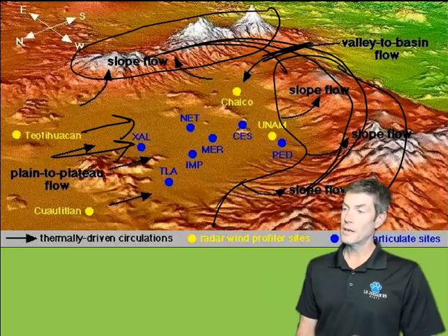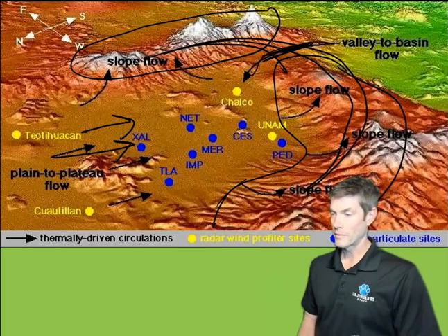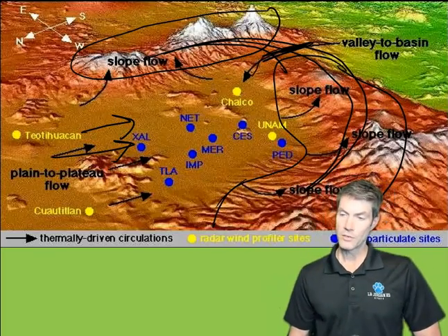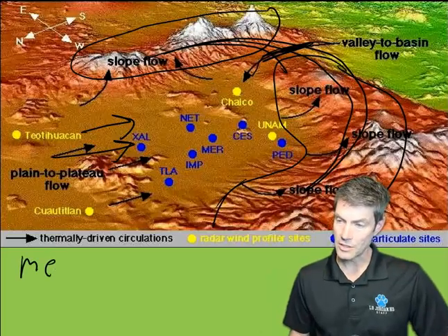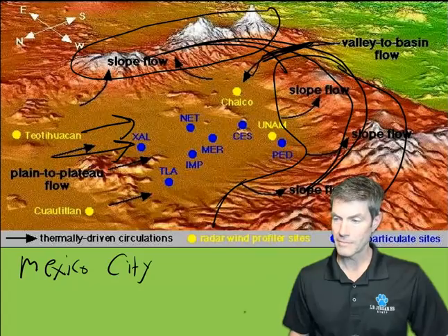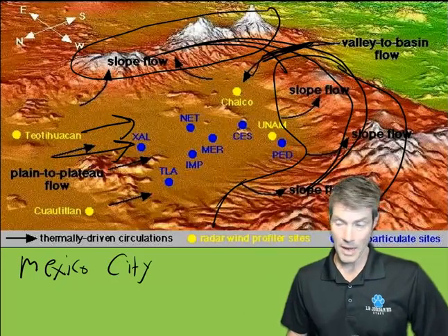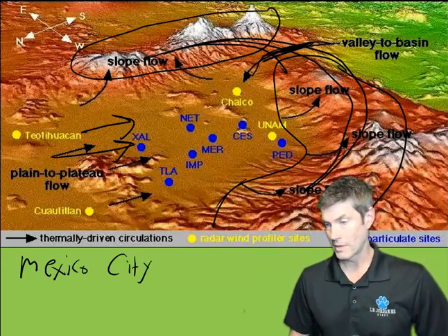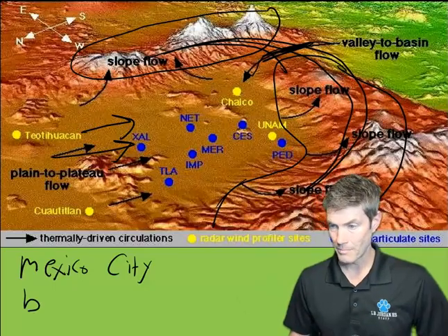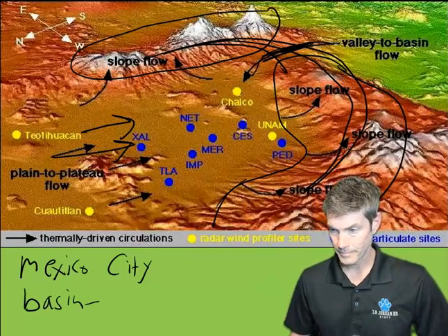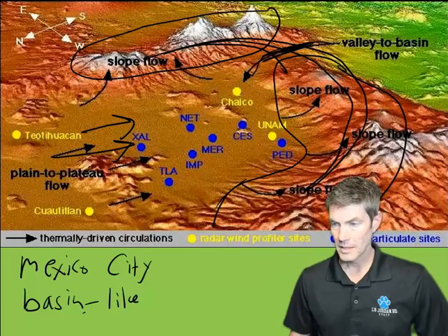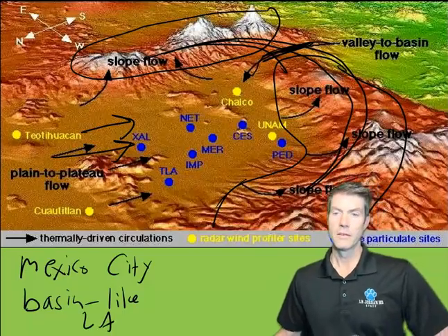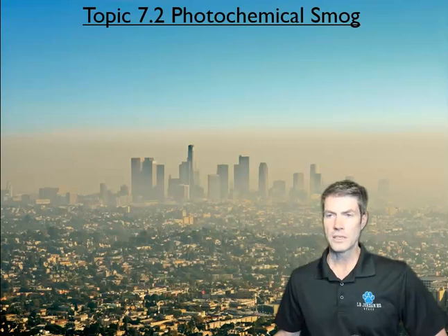We see a little bit of air current coming in there, but Mexico City, basin-like geography. And of course, I mentioned us. You can see the mountains all the time surrounding the LA area. Mexico City, basin-like, similar to LA.